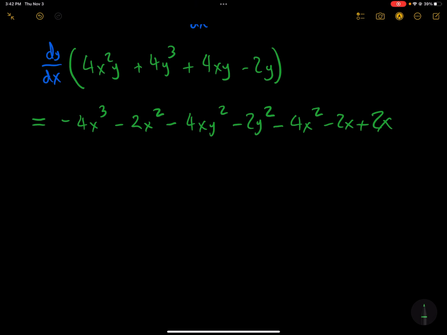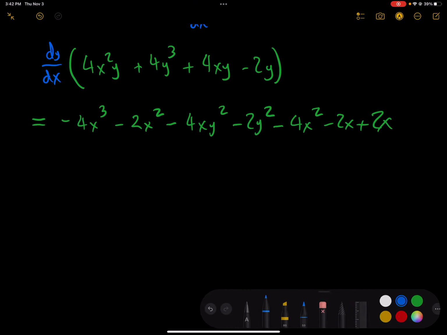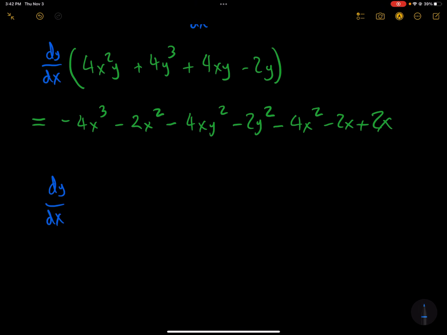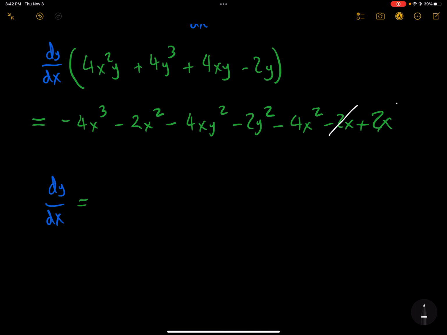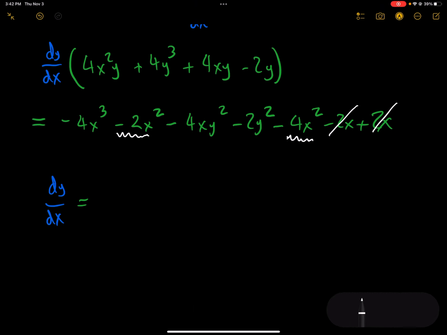Then we can simplify the right-hand side and then divide by that coefficient on the left-hand side. Meaning, if I solve for dy over dx, we can simplify the expression. Notice that we can cancel the negative 2x with the positive 2x. We can put together the negative 2x squared with the negative 4x squared, and that's pretty much it.